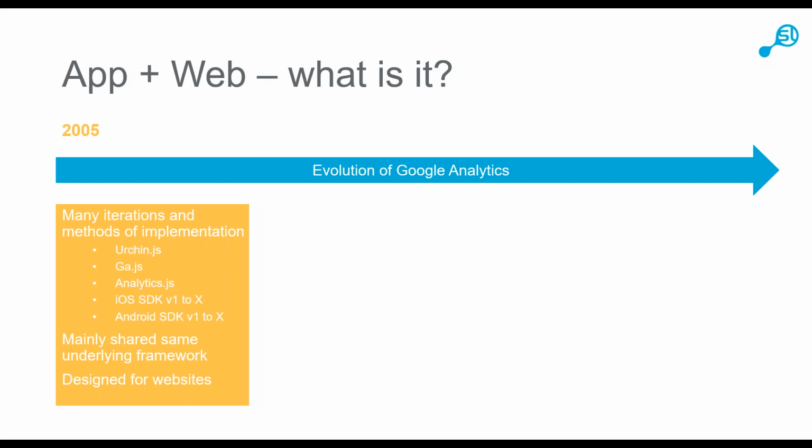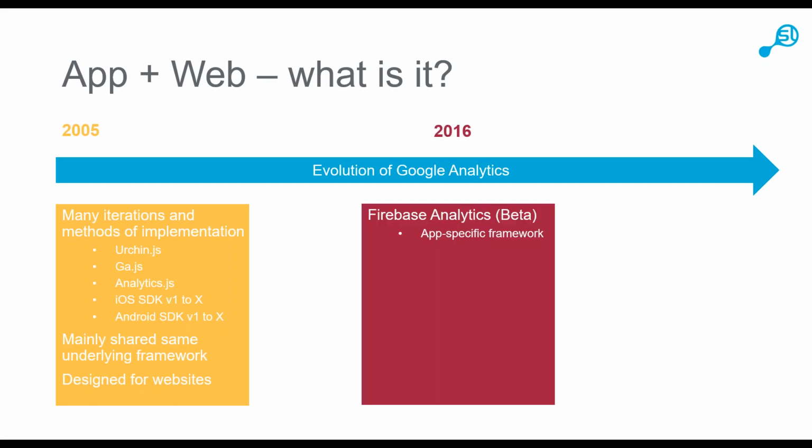And a big key to that is back in 2005 when the tool first started out, people didn't have smartphones, apps weren't a thing, and the tool was designed for websites. So like I say, it's come a long way over the years.